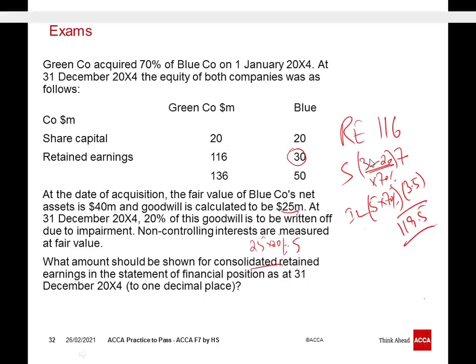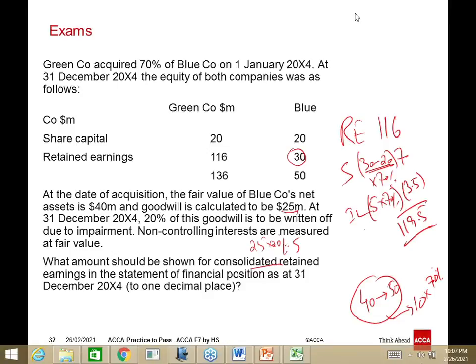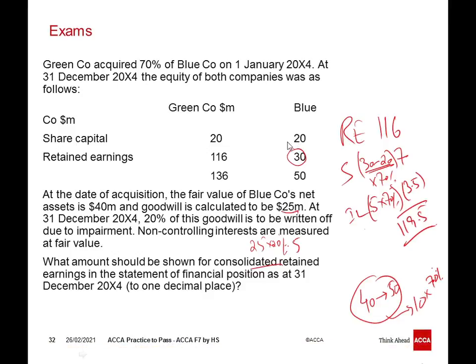Post retained earnings of the subsidiary company is, now you can see previously the retained earnings at acquisition is 40 and now it's 50. So there is an increase in the profit of 10, out of which 75% will be the parent share. You can see here by adding these two figures, we got the value of 50.